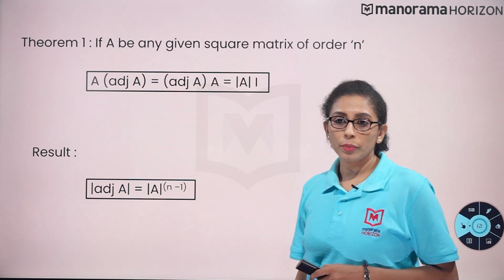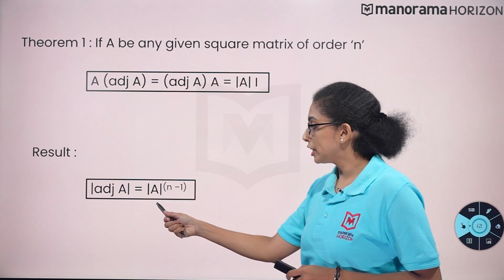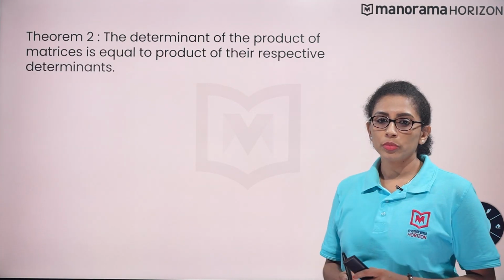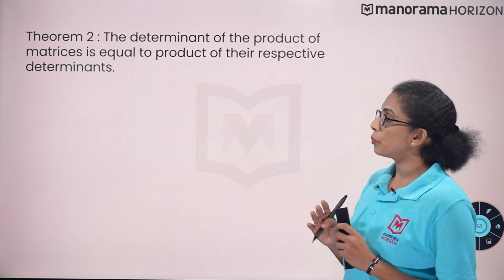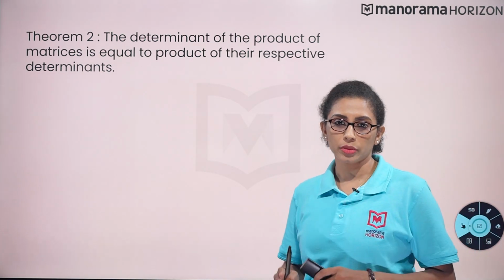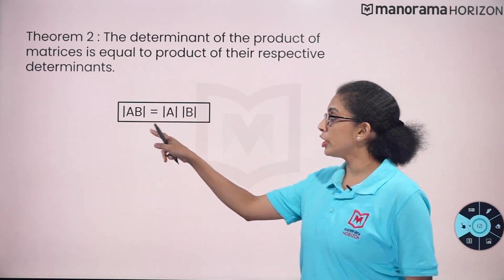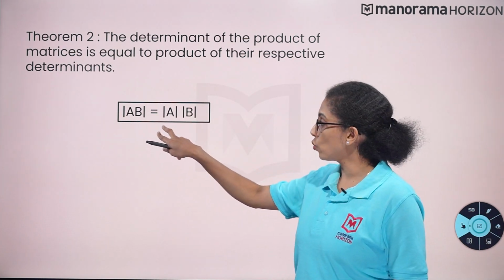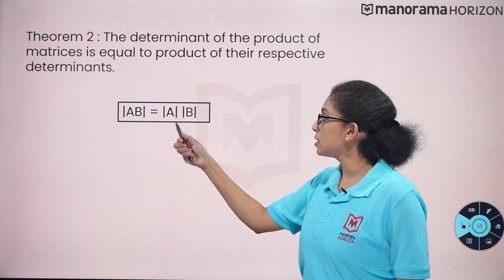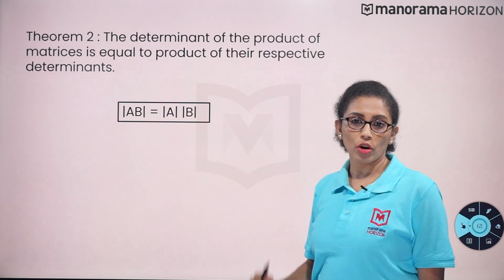Determinant of adjoint A will be equal to determinant of A the whole raised to n minus 1. Theorem number 2. The determinant of the product of matrices is equal to the product of their respective determinants. That is, determinant of AB is equal to determinant of A into determinant of B.